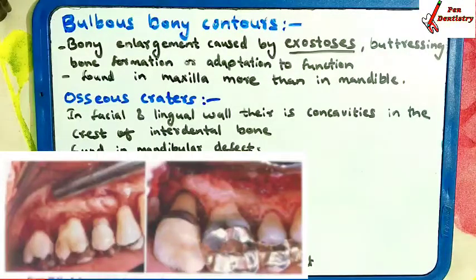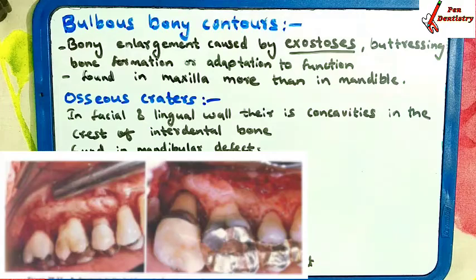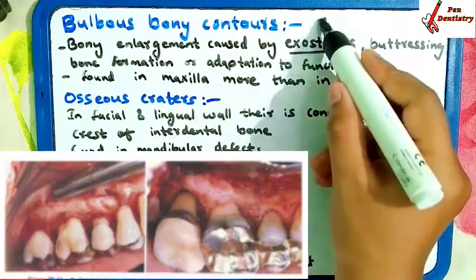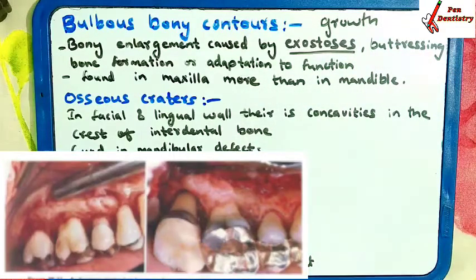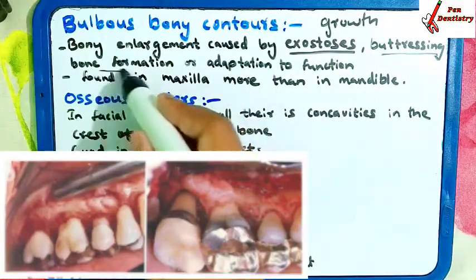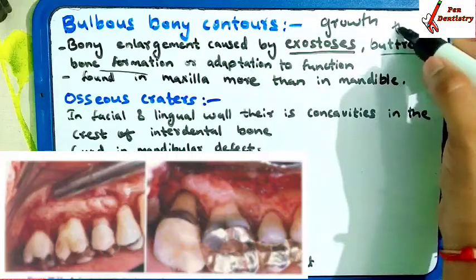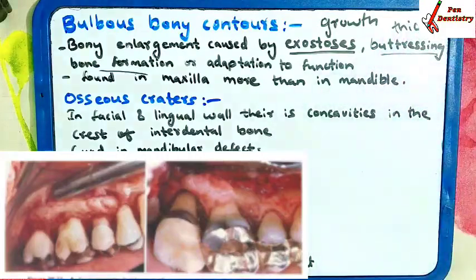The first one we are going to discuss is bulbous bony contour. Here there is bone enlargement caused by exostosis. Exostosis means excess growth of the bone. Buttressing bone formation is the thickening of the bone: when the bone grows and becomes a thick layer, that is known as buttressing bone formation.